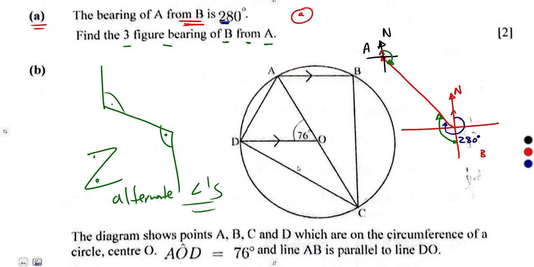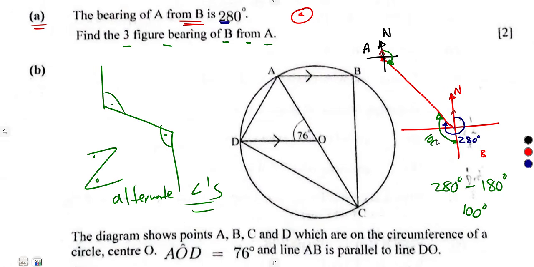So we can find this angle as we have got the 280 degrees. From the 280 degrees, we can subtract the 180 degrees of a straight line.